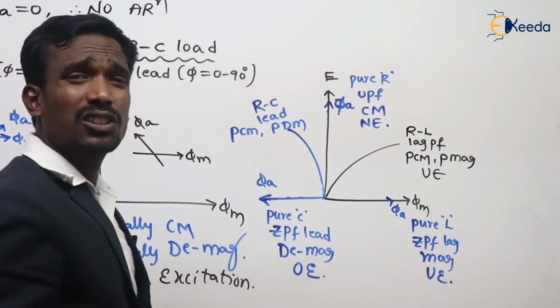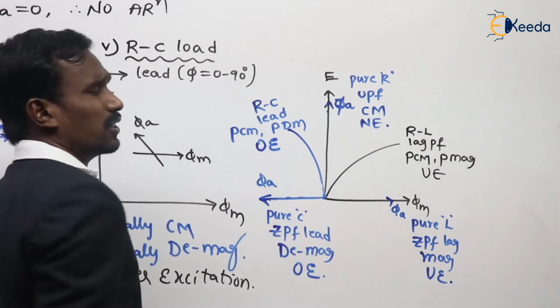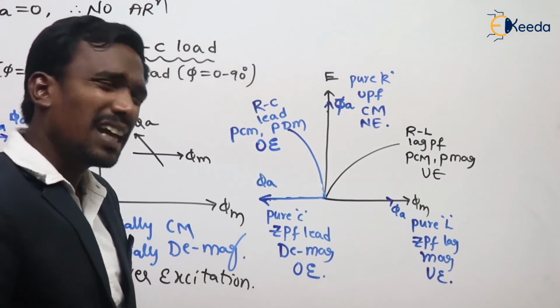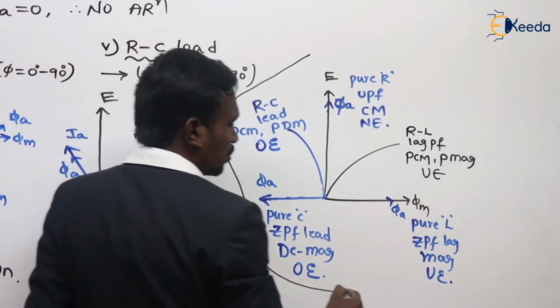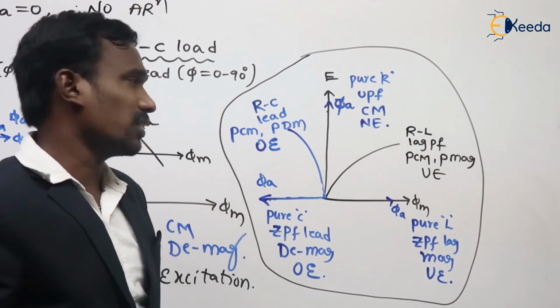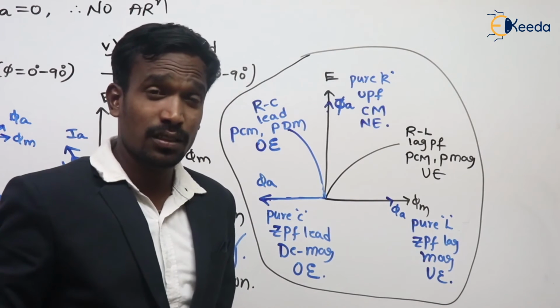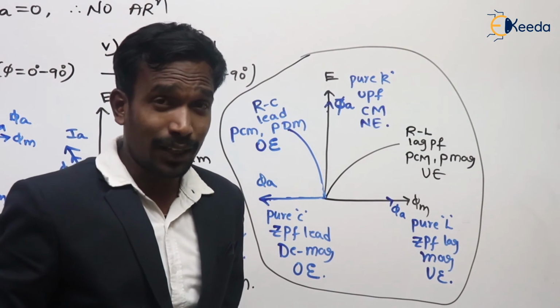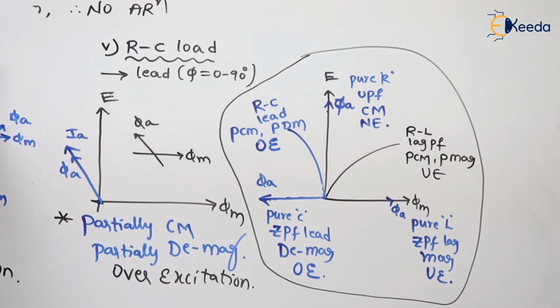Then what is the excitation? Demagnetizing, so over excitation. This is a simple diagram to completely remember the armature reaction of synchronous motor. Getting or not? Are you okay? Right? Let's see a quick review for this.